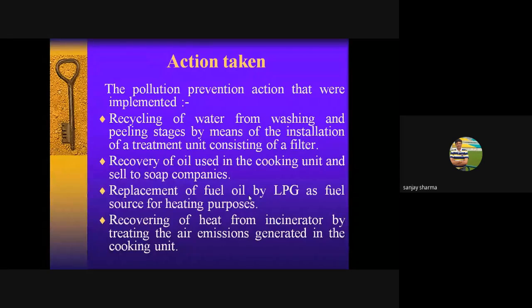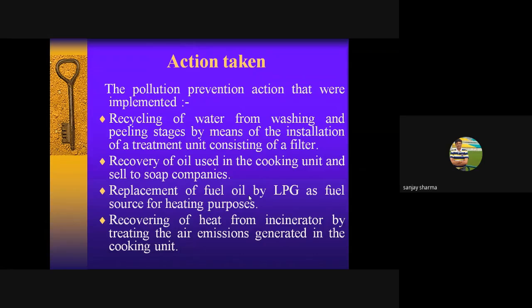Once you are reusing the water, your industry benefits from an environmental pollution point of view, your raw water cost is saved, and you are putting lesser load on your raw water. You have to calculate the totality, and in the long run you will find that this is much cheaper.